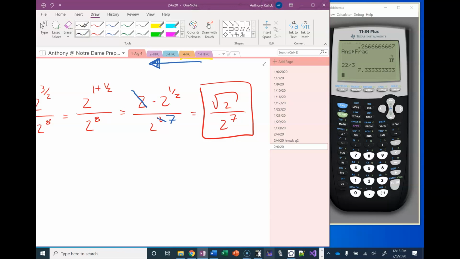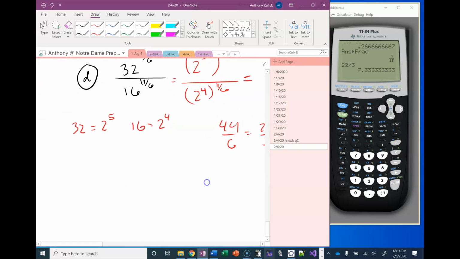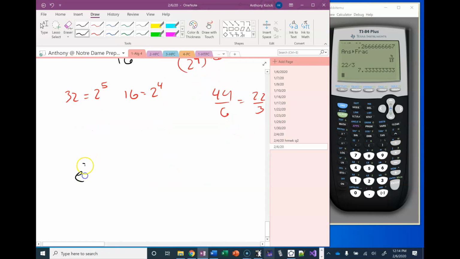So let's keep working on this. Let's do another example. Let's do another one where we end up with a fraction there.